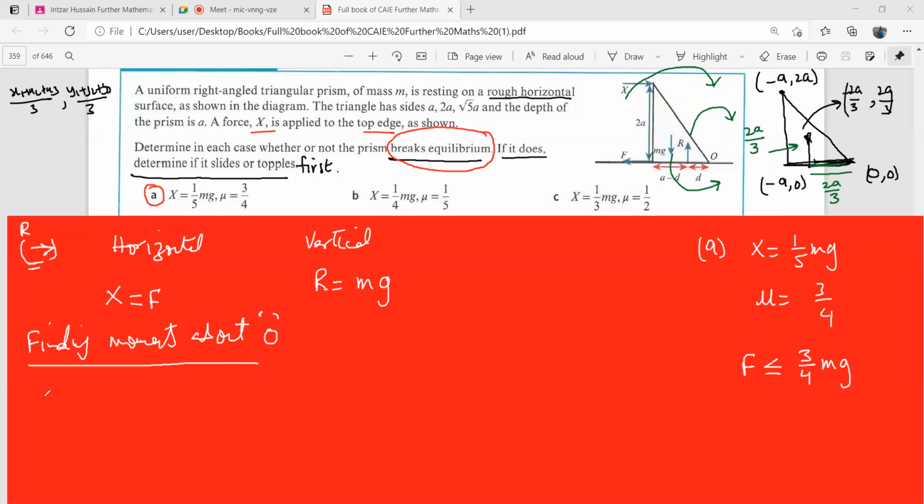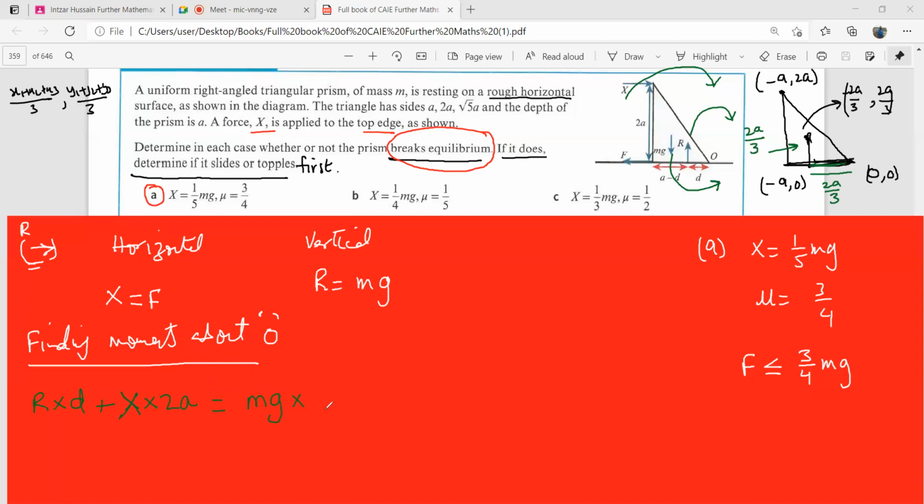So R times D plus X times 2a is going to be equal to mg times. But you won't add R into D and X into 2a because R is vertical and X is horizontal. I'm not adding up the forces, I'm adding up the moments. I'm adding the clockwise moments, equal to the anti-clockwise moment.